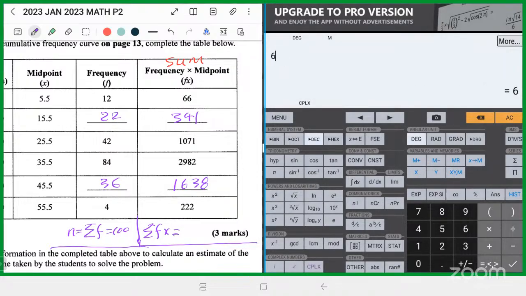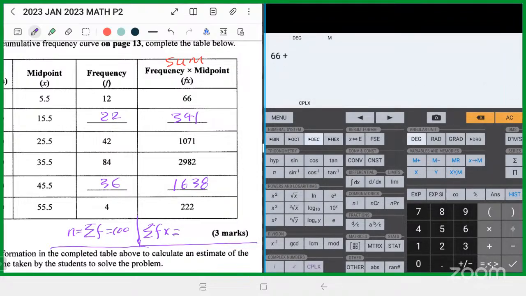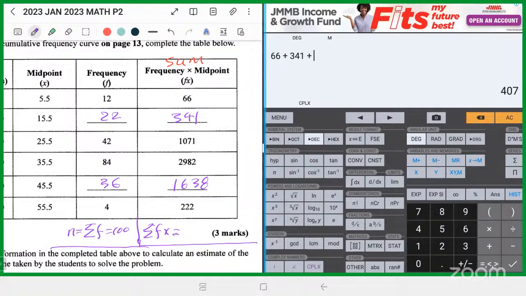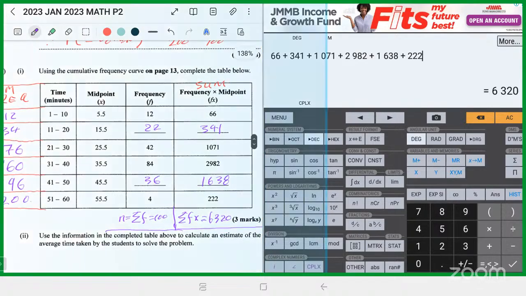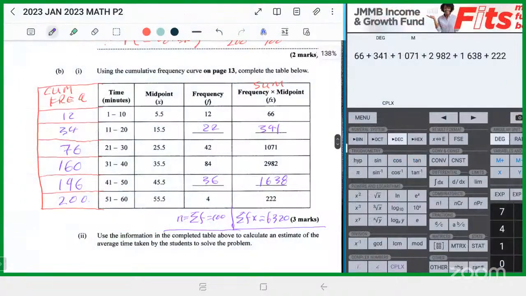So it's 66 plus 341 plus 1071 plus 2982 plus 1638 plus 222. So that's 6320. That is the sum.